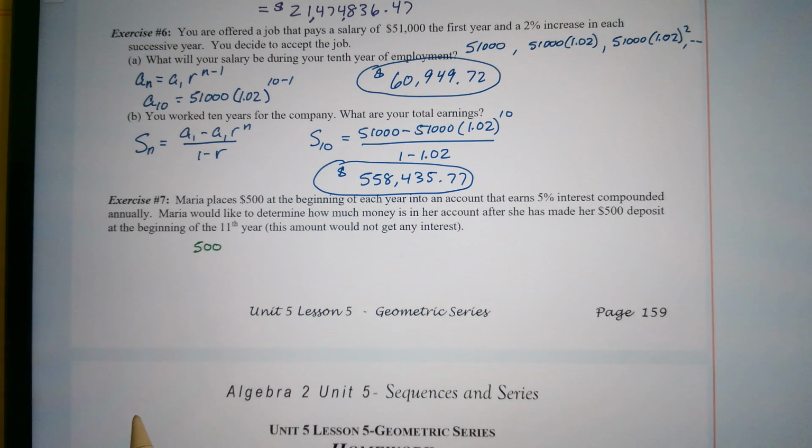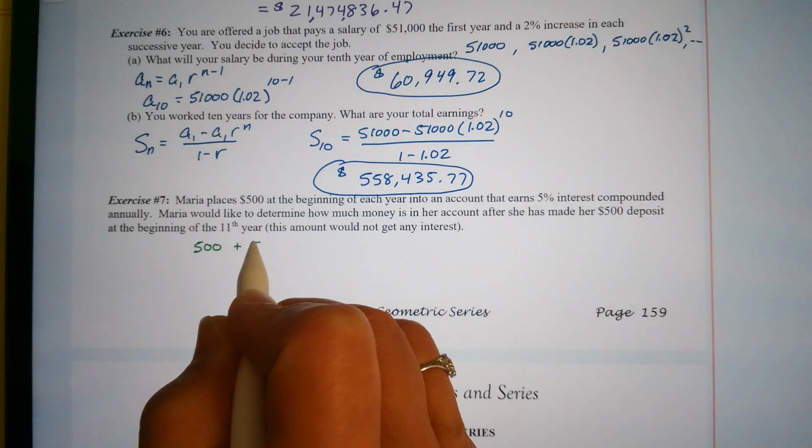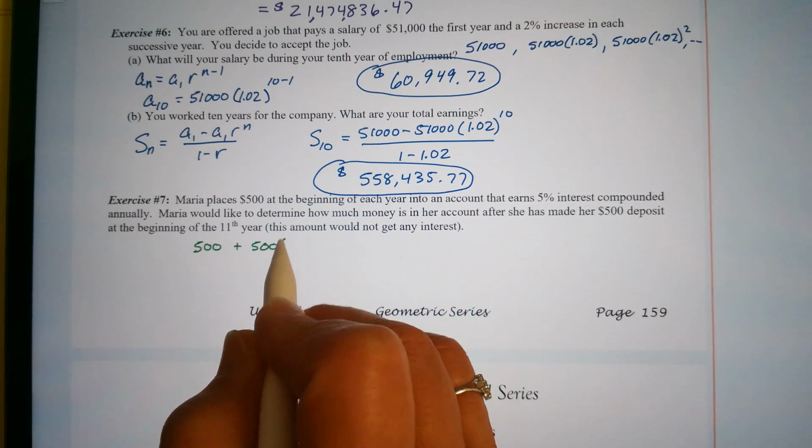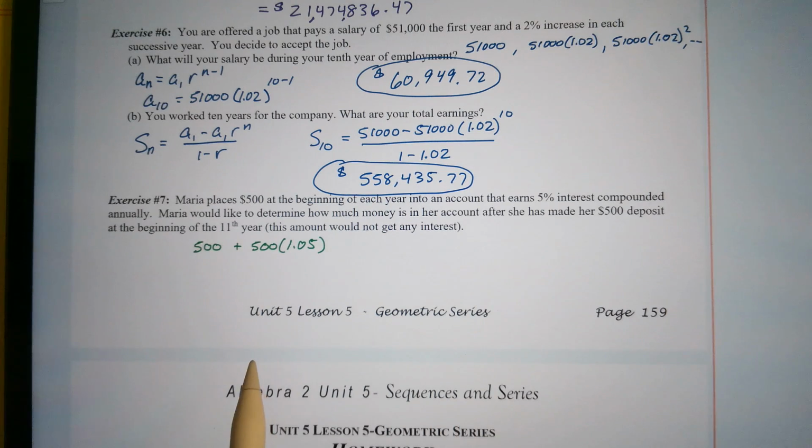At the end of each year, that would have earned 5% interest, so times 1.05.